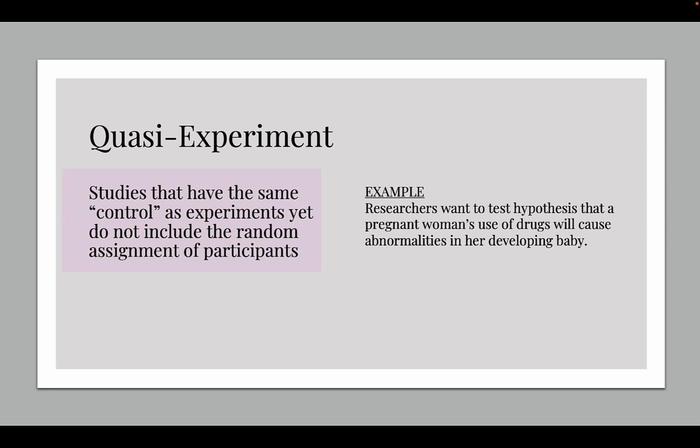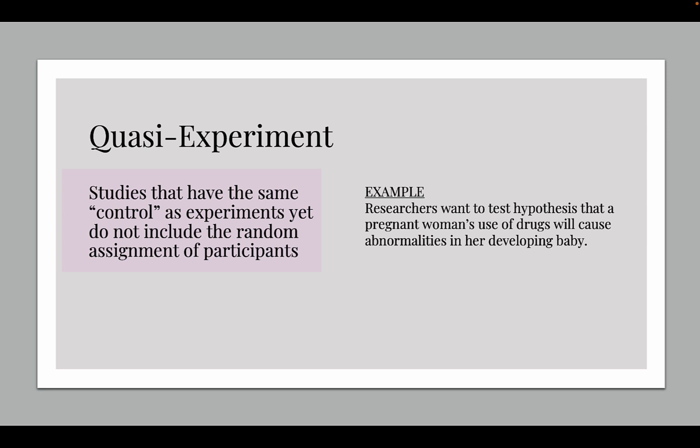So let me bring it back a little bit and simplify it for you. Quasi meaning almost fake. It's like an almost fake research, an almost real research. And the reason why they have to do almost fake research as part of their study is because it would be unethical to do it for real.